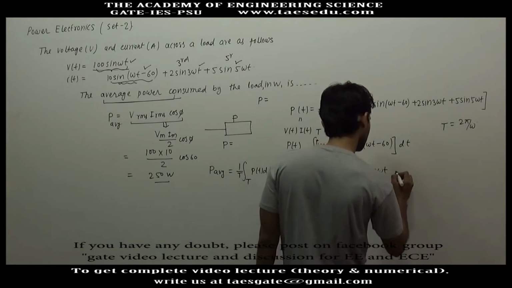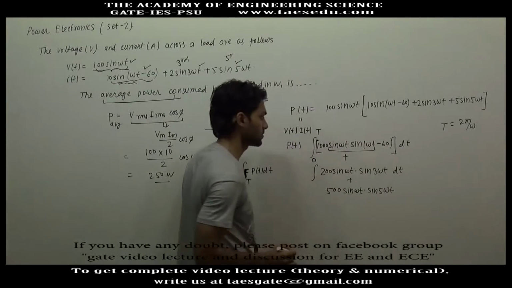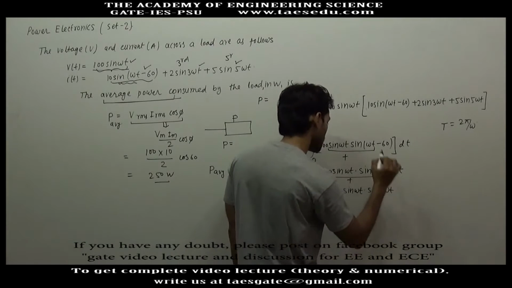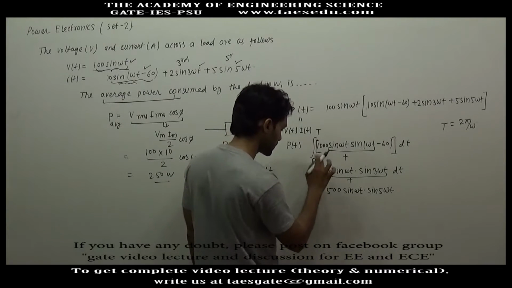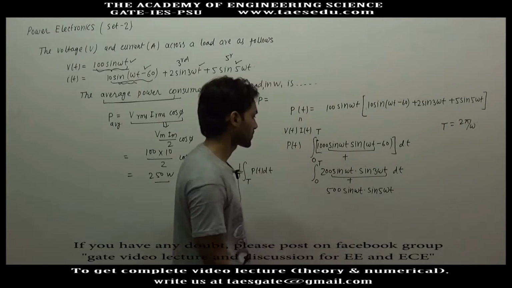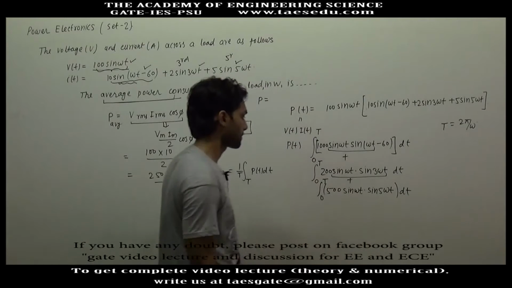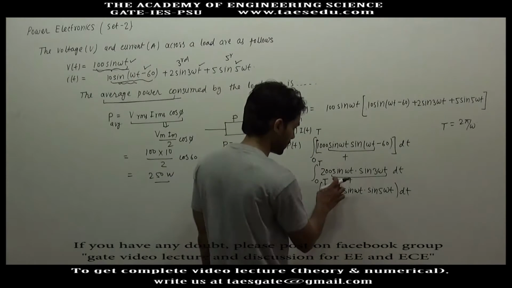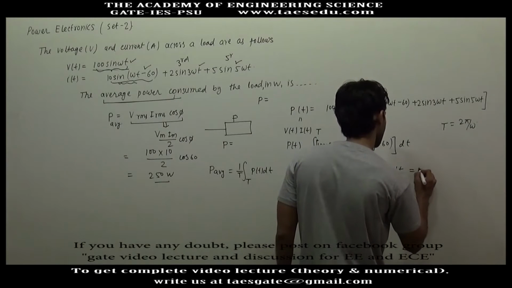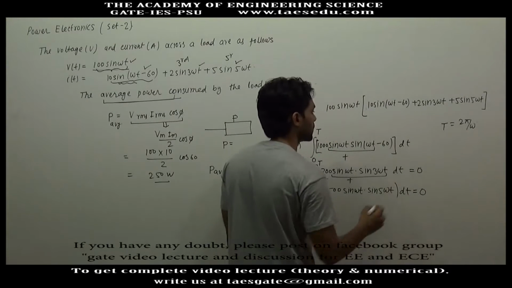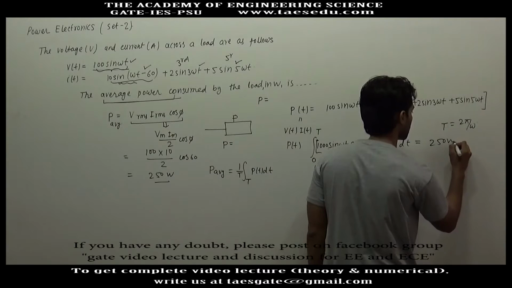If it is periodic with T, this will also be periodic with T, and we integrate it also from 0 to T. When you solve this integration, you will get 0 here, 0 here, and after solving this you will get 250 watt.